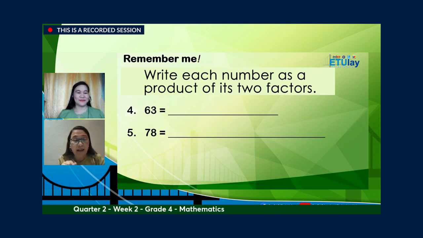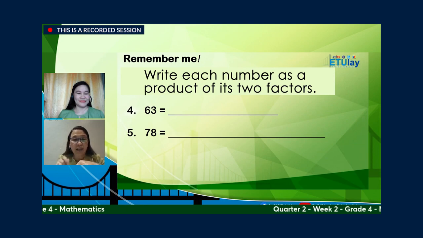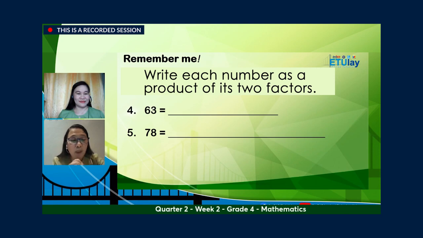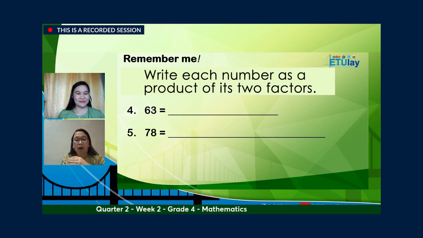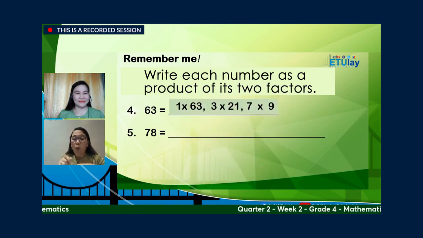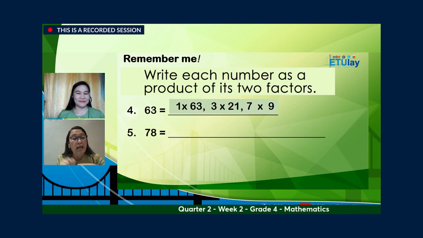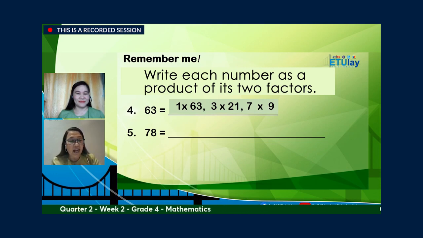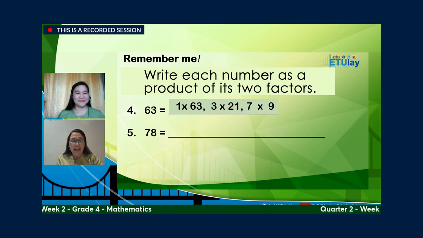We have there 63. Start writing the two whole numbers that you can multiply to get the product of 63. Kapag ang inyong sagot ay 1 times 63, 3 times 21, and 7 times 9, perfect mga bata. Tama kayo.